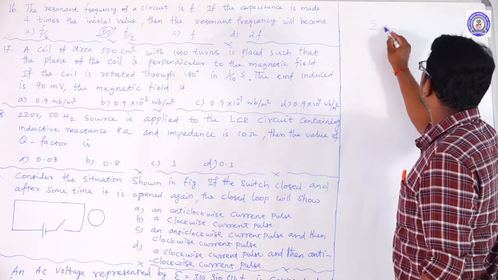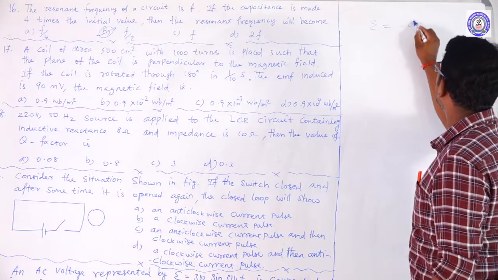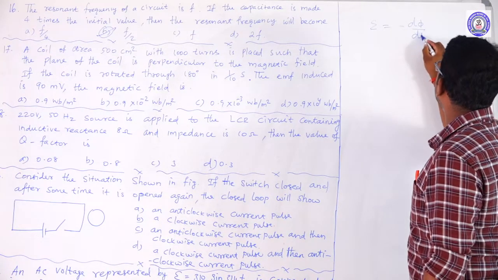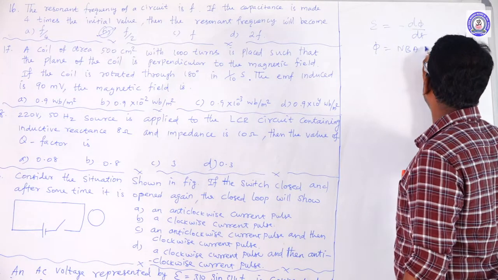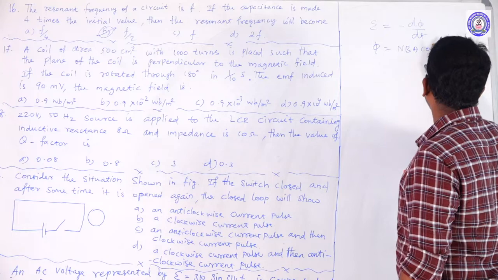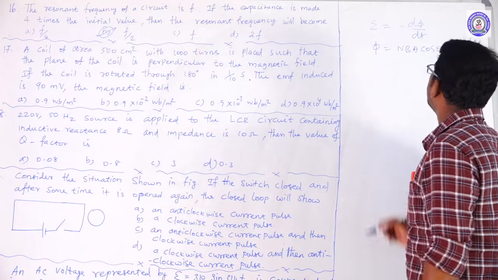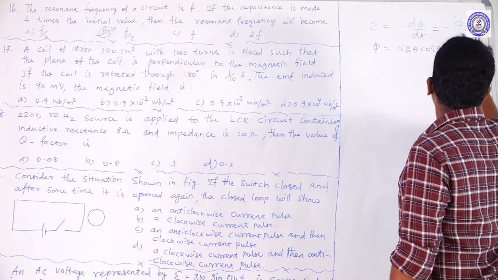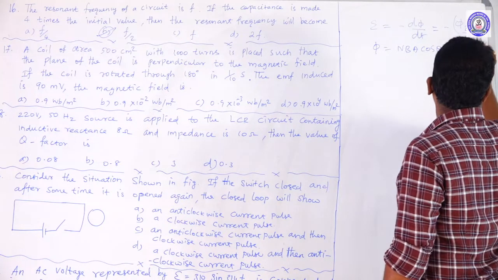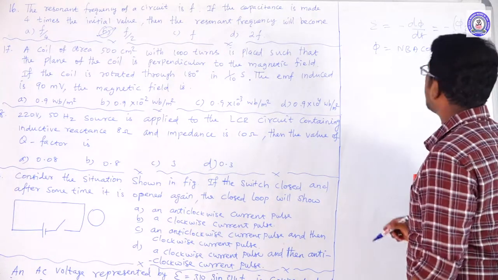The EMF induced in the coil, general formula, E is equal to minus d phi by dt. Phi is equal to NBA cos theta, or E is minus of phi 2 minus phi 1 divided by t.